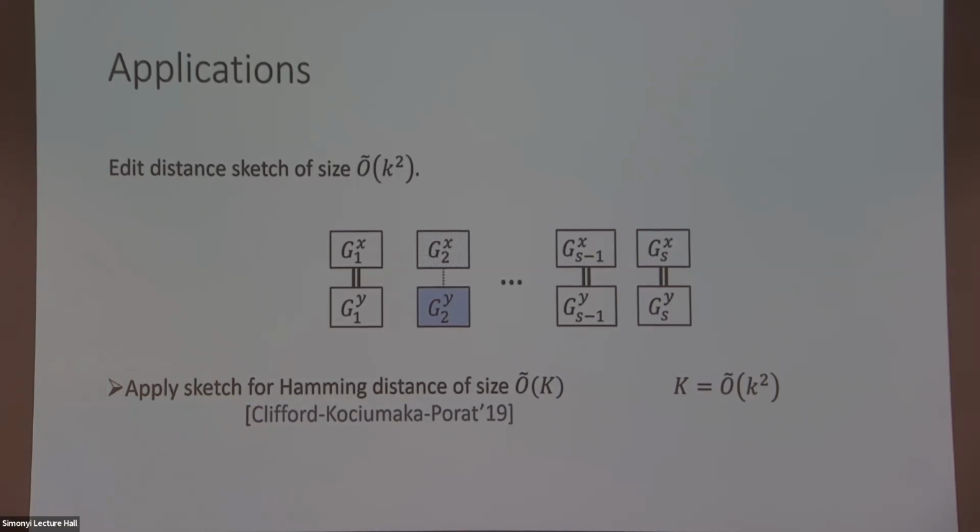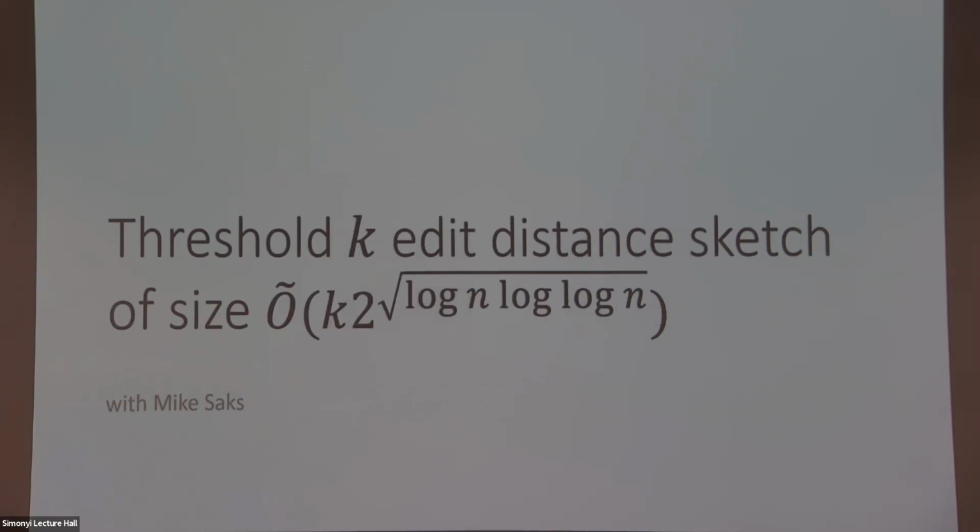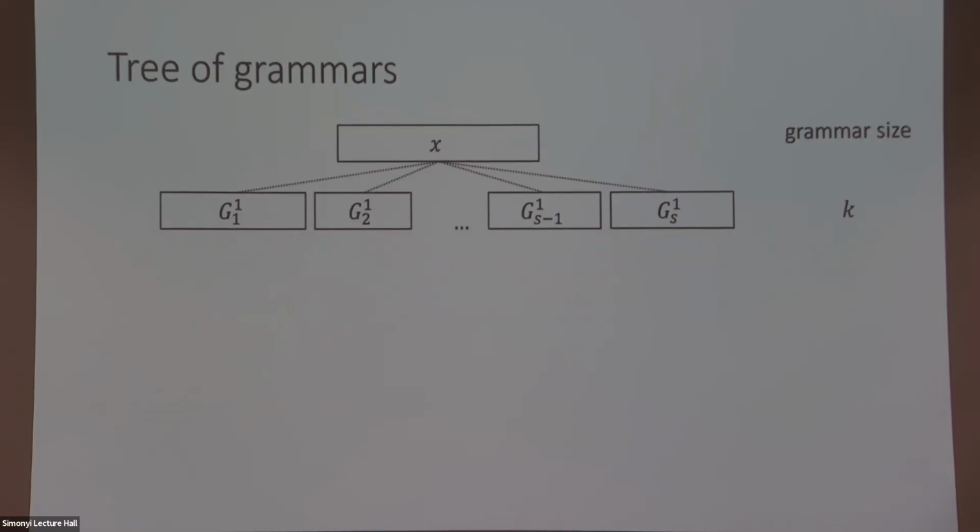So how do you go from here if you want to make it shorter? Let's move on to this next thing. How do we make it shorter, of size k times 2 to the square root of log n? That's the work with Mike. So what did we do before?